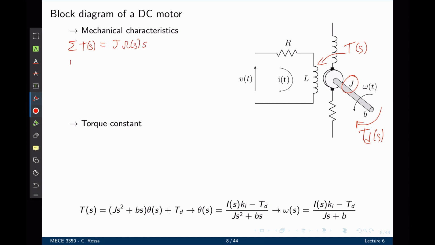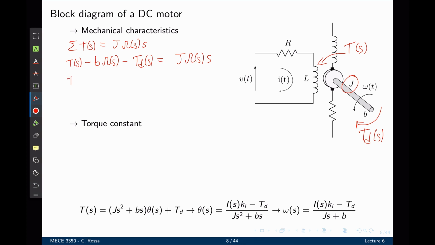The torques applied to the motor include the torque developed because of the current I, which is the motor torque itself, minus, assuming that there is friction between the shaft and the armature with viscous friction coefficient B, a torque that opposes the speed, so minus B times the speed, and we have the load torque Td, an external torque applied to the motor, and this is equal to J omega of s times s. Remember that this s represents the derivative of omega, which is the angular acceleration.